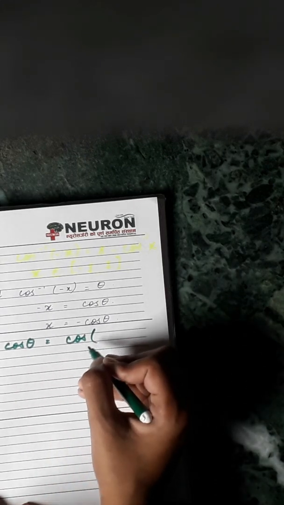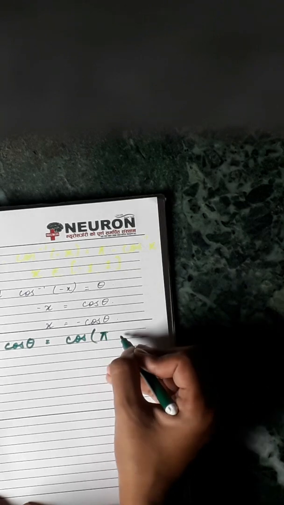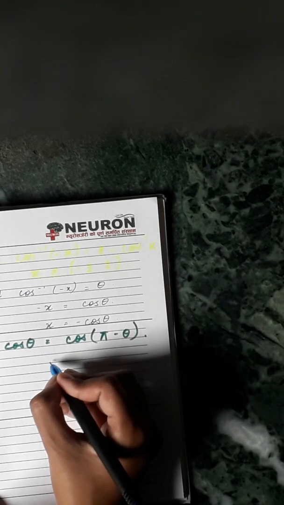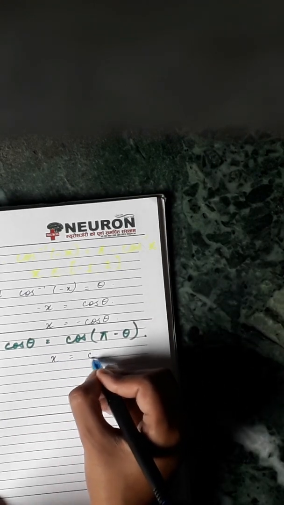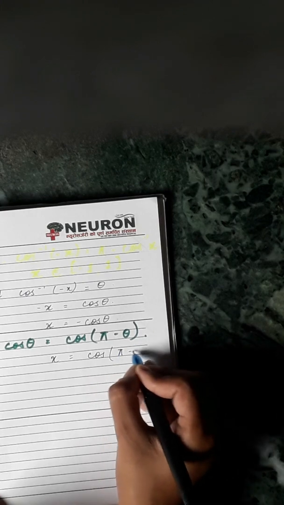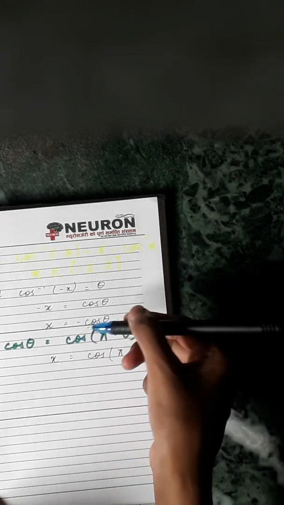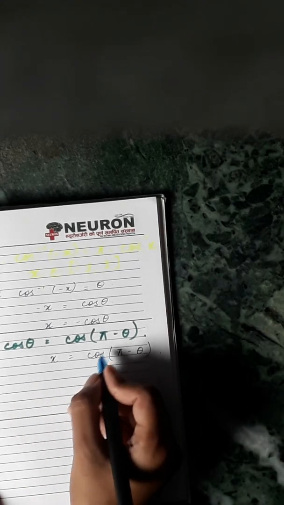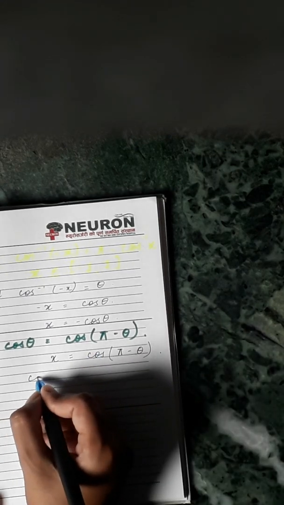You must have remembered. It is cos pi minus theta. Minus cos theta is equal to cos pi minus theta. You can write this. So x is equal to cos pi minus theta. You wrote in place of minus cos theta. So now you will take this cos from RHS to LHS.